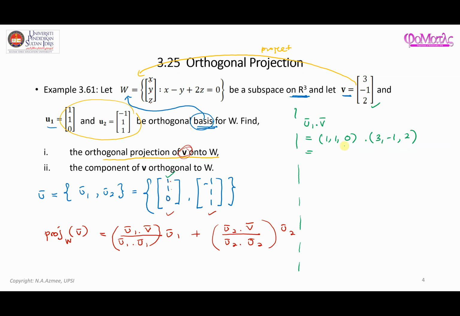Multiplying component by component, that is 3 plus negative 1 plus 0, so this is 2.